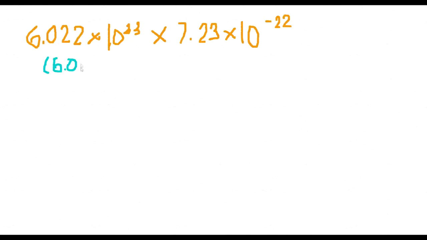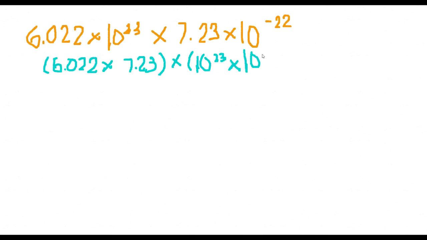So we're going to write this as 6.022 times 7.23, multiplied by 10 raised to 23 multiplied by 10 raised to negative 22.